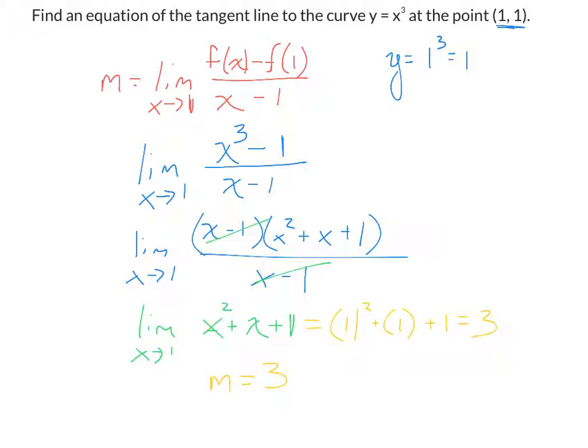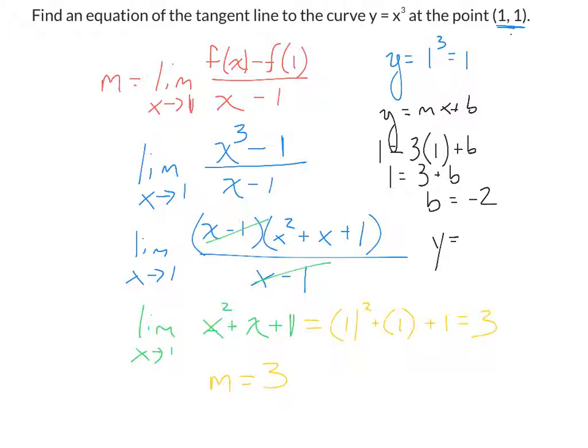So now we want to find the equation of this. I have my point 1 comma 1. If we want to look at it as y equals mx plus b, well, I have a y value of 1, an m of 3, an x value of 1, then plus b. So simplifying that shows me that b is going to end up being negative 2. So we can look at this as y equals 3x minus 2.